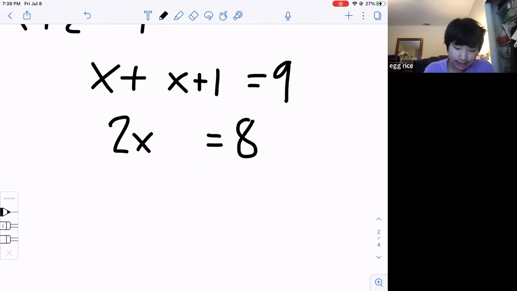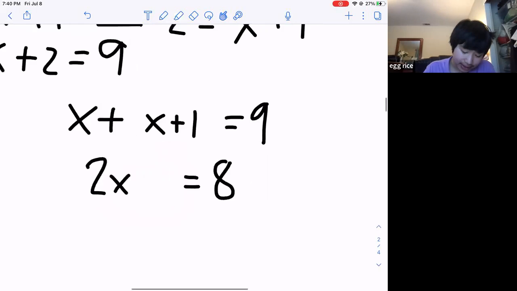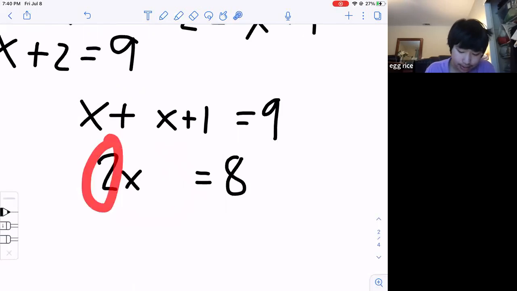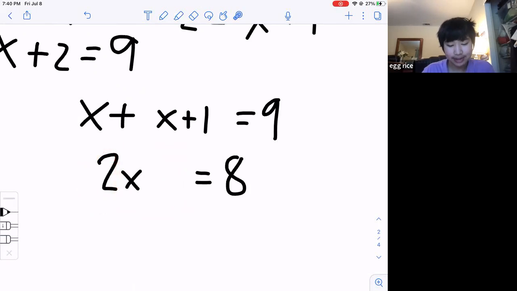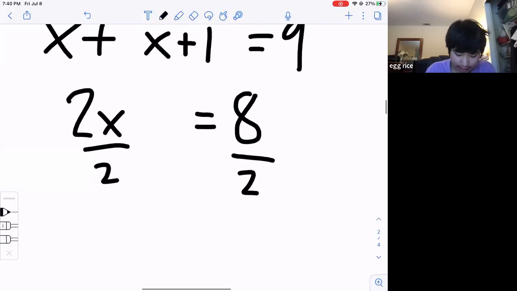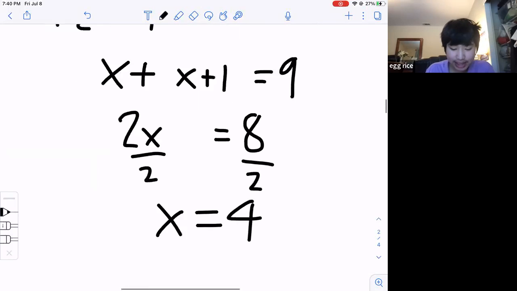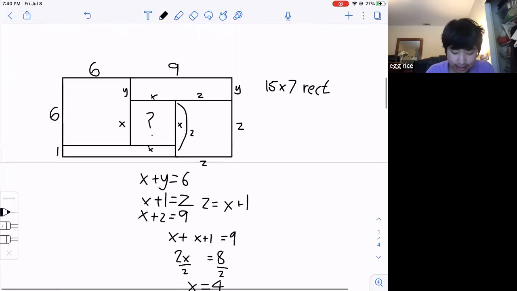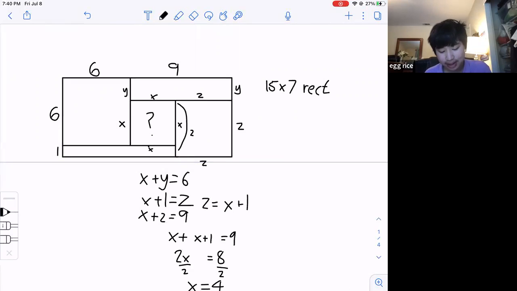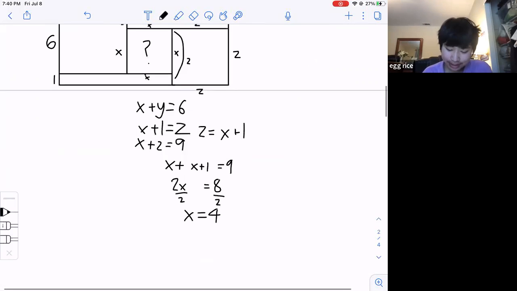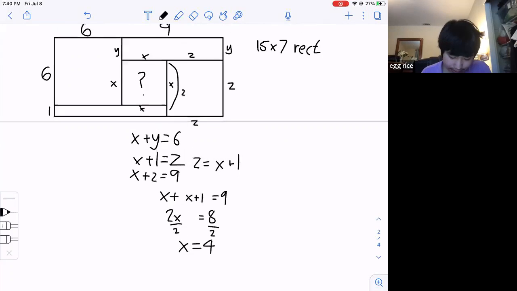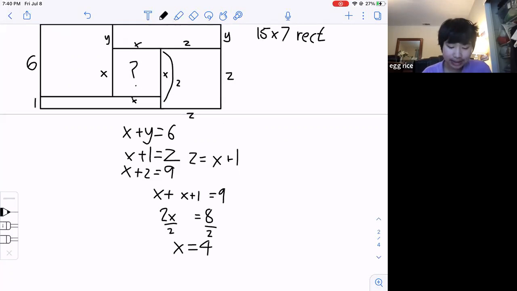And now we want to get rid of this 2, so we need to get rid of the 2 on both sides, which means dividing each side by 2, which gets us x equals 4. And if we remember before, x does in fact equal 4. Hip, hip, hooray. So using x equals 4, we can easily figure out what all of these other things are, which we did before.